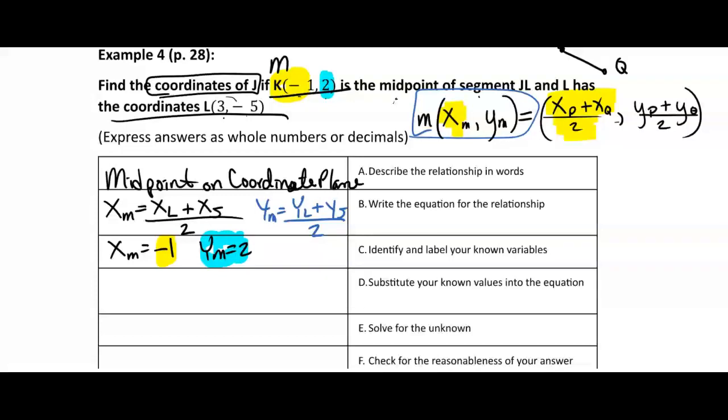And then I'm given that the x of my L is 3, and the y of my L is -5.